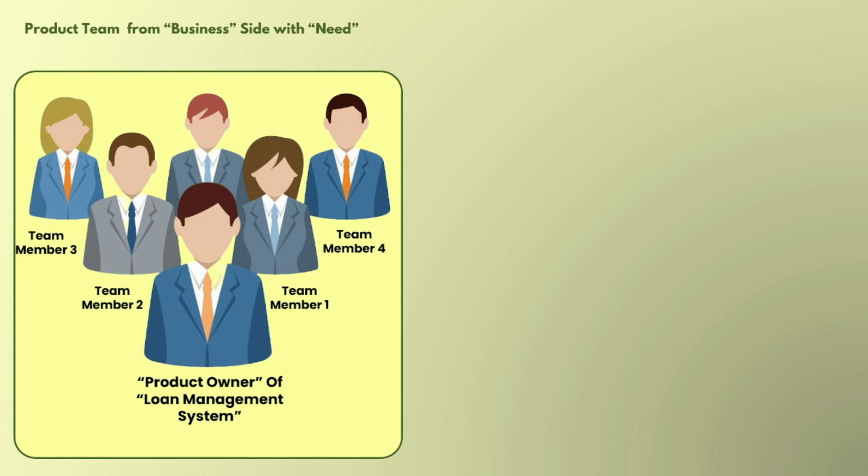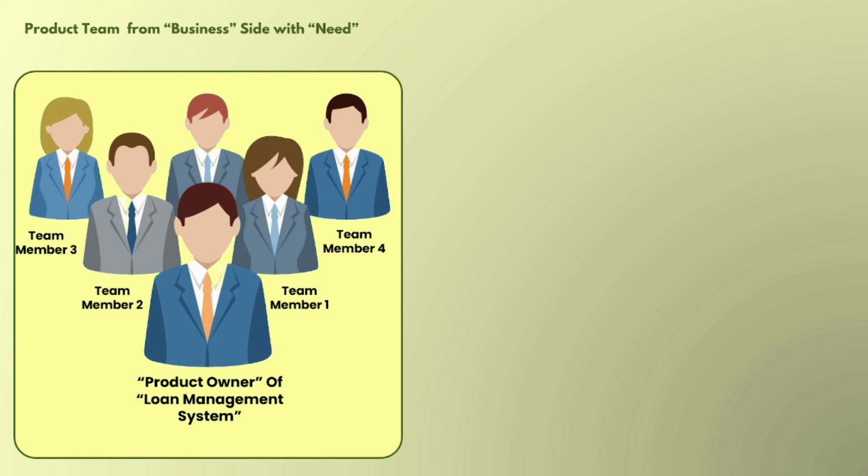Now let us try to understand how needs from the business side are conveyed to the IT service provider. Each digital product or service in the online banking system is managed by a dedicated department with its own product owner. Here you can see the product owner of the loan management system.